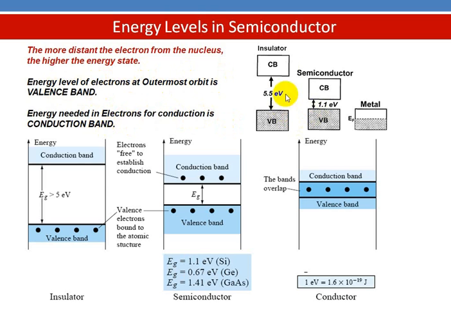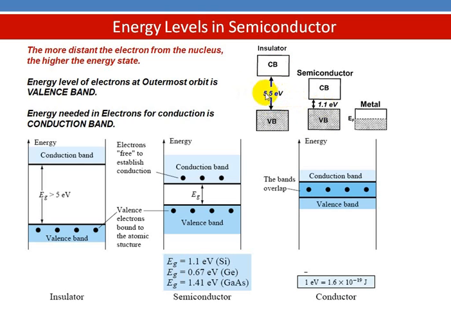For example, we take the insulator. So here, in the valence band, we know that there are almost 8 electrons. To move electrons from the valence band to the conduction band, we have to apply a large energy, approximately 5.5 electron volts.